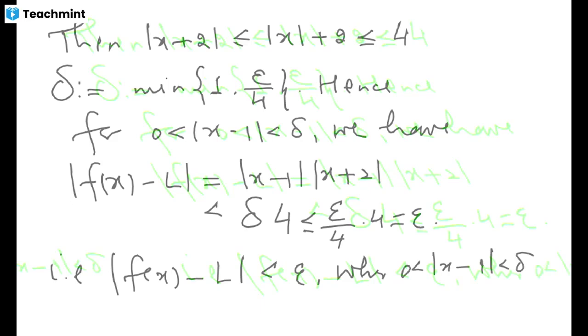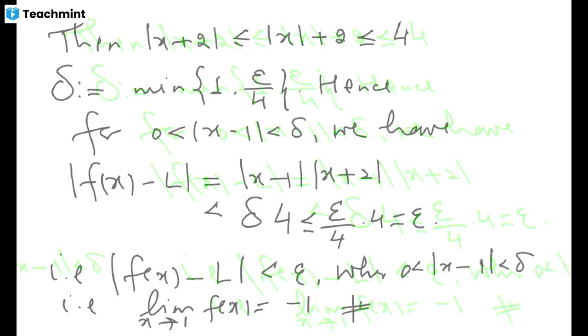We are not considering x to be equal to 1, as per the definition of a limit. And that simply is nothing but the value of the function as mentioned, to be minus 1. So this limit exists.